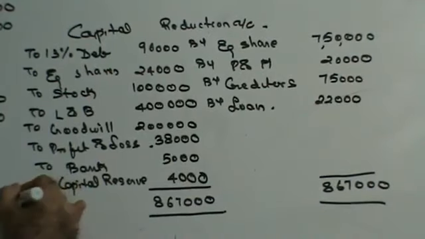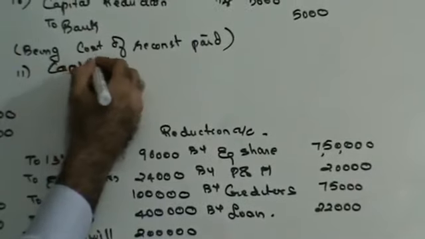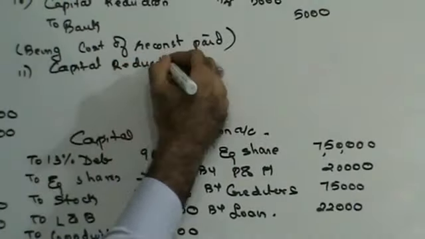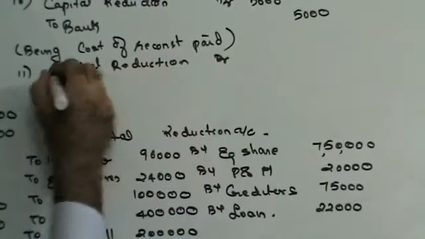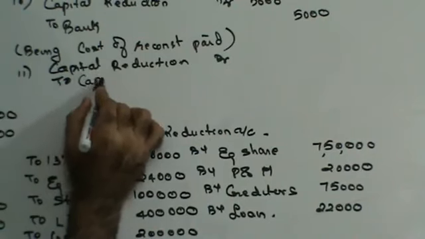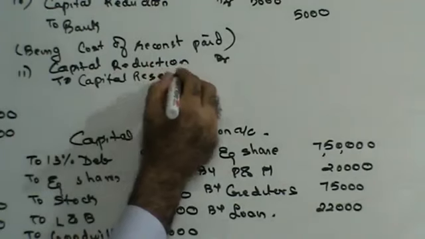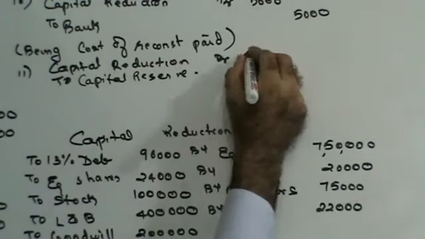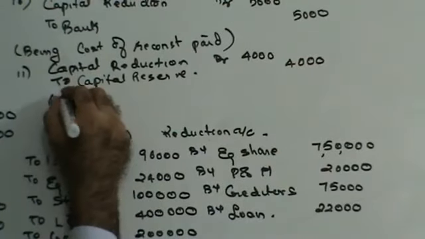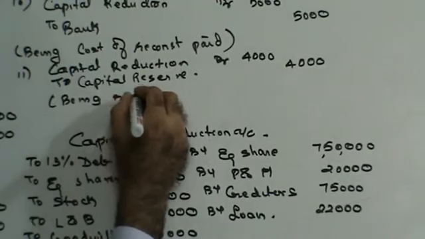Yeah. Now, this is on the debit side. So in the journal, it will go on the credit side. So make a journal entry for this. Capital reduction account debit to capital reserve. Amount is 4,000. Being reserve utilized.